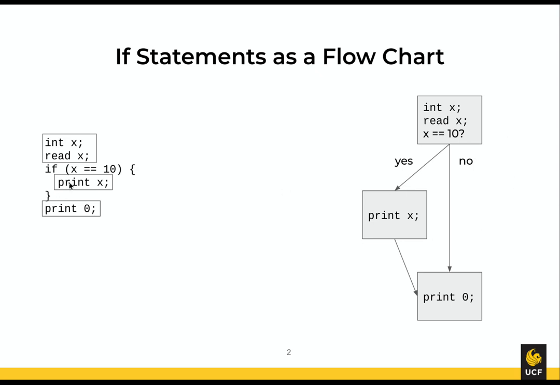Wherever we have some body of an if statement, we can turn that into a block. Any straight line code that doesn't have any branching in or out of it, we can put in a single block in this flowchart. And whenever there's a comparison, like this x equals 10, that signifies a point at which you have some mutually exclusive choice about where to go next in the program.